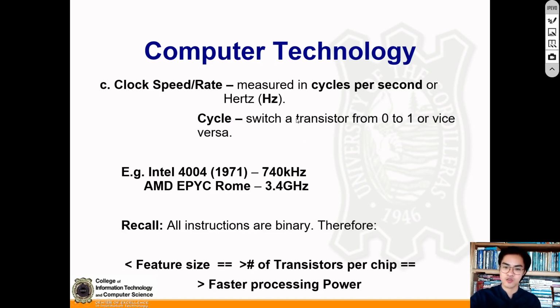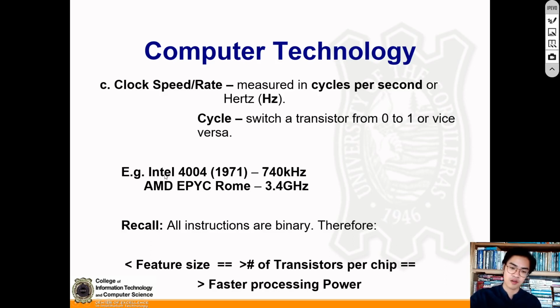So you can switch the transistors from 0 to 1 in much less time because you have a lot of transistors inside the chip. So the higher the number of transistors, the faster the clock speed or rate is, which could equate to faster processing power.